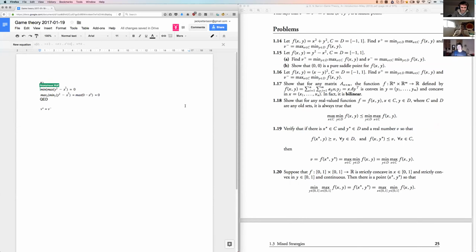And then B. Yeah, I mean, we know that the value of the game is 0 since they are equal to each other. And we know that the way that we reached the value of the game is going to be a saddle point, and the way we reached the value of the game was by setting both variables to 0.